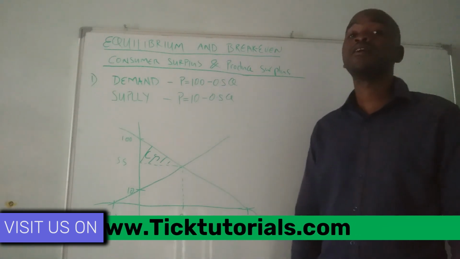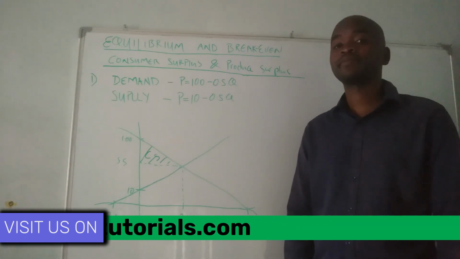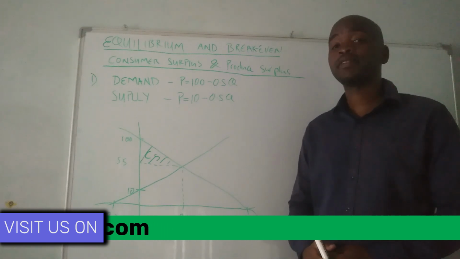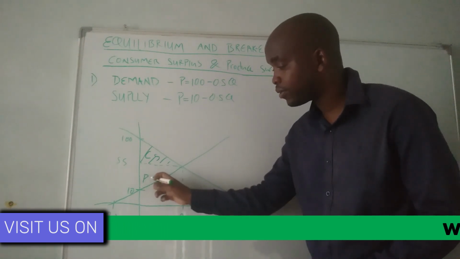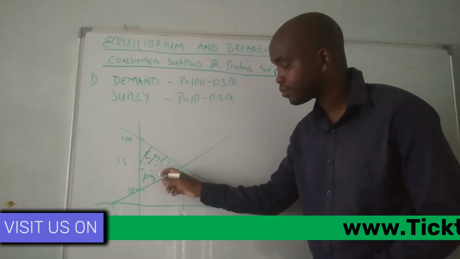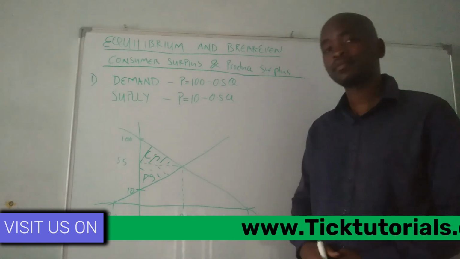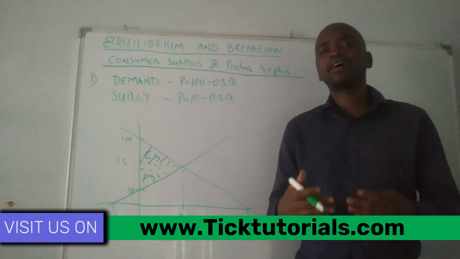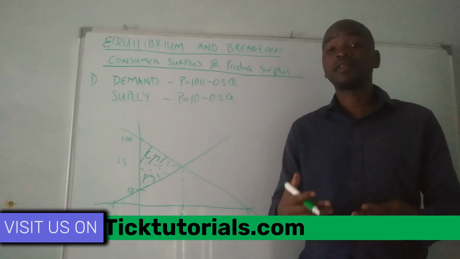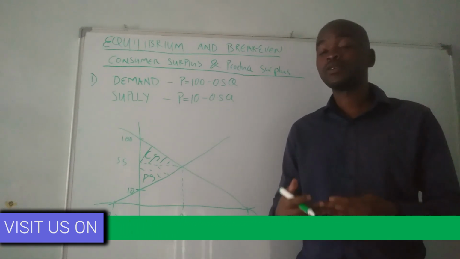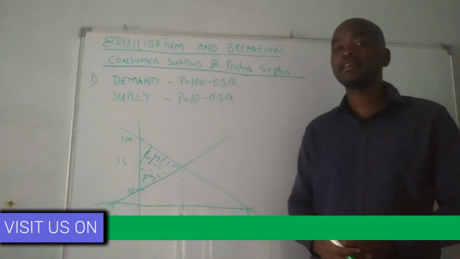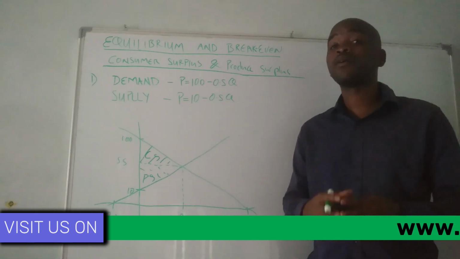This is our consumer surplus, and our producer surplus is indicated by this triangle here. So whenever you're asked to show the consumer surplus and the producer surplus, you show it in this manner. That's how you show it on the graph.